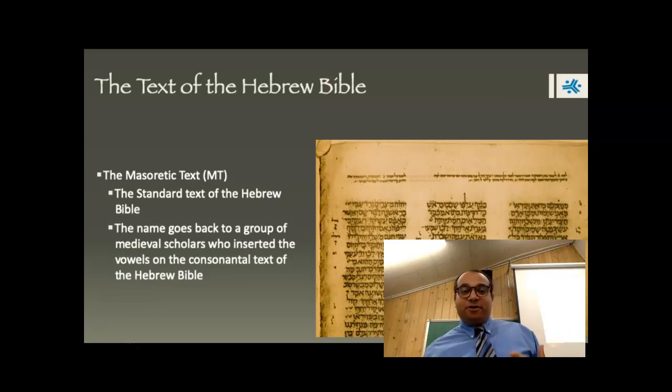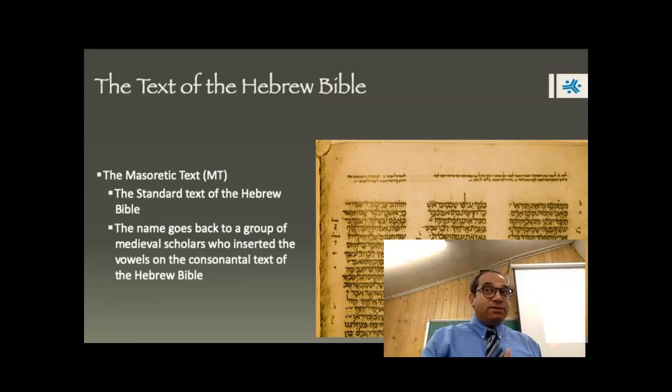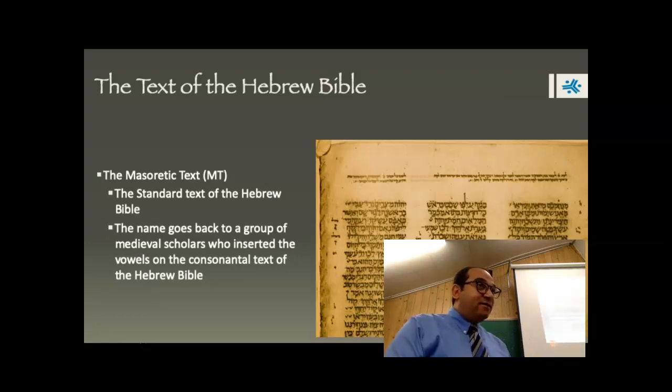Then this group of scholars, in the medieval period, actually, it's not very old, started inserting the vowels on the Hebrew text, on the consonants. And they were called Masoretes. Therefore, the standard Hebrew text of the Old Testament is called the Masoretic text, and usually abbreviated into MT.